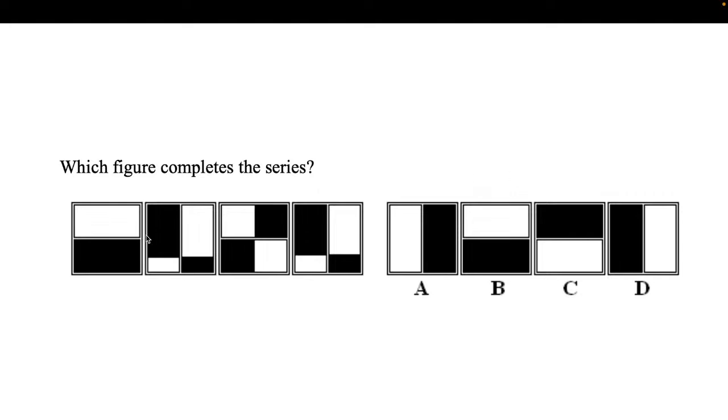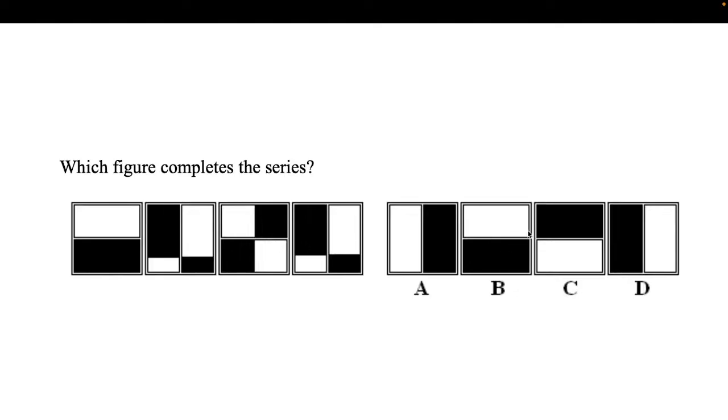If you look at this one, now we have a black and white rectangle. So those two figures have now moved from horizontal position to a vertical position. Again, horizontal, vertical. So we are expecting the next one to be horizontal.